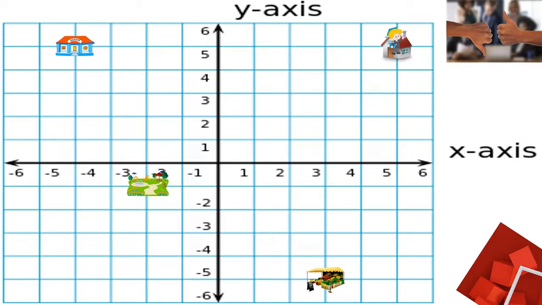So the point where the house is located has the coordinates (5, 5), where the first 5 is the x coordinate and the second 5 is the y coordinate.